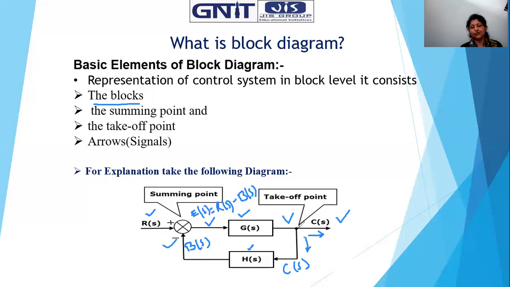All the arrows involved show the flow of the signals, nothing else. So in the block diagram we find the transfer functions of the subsystems of the control system, with the input and output signals and the signal directions indicated, along with the summing points and takeoff points.